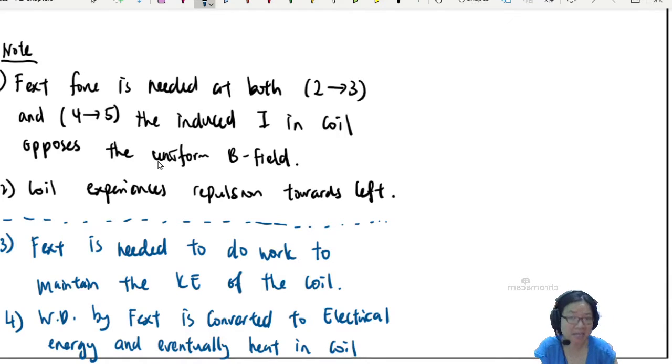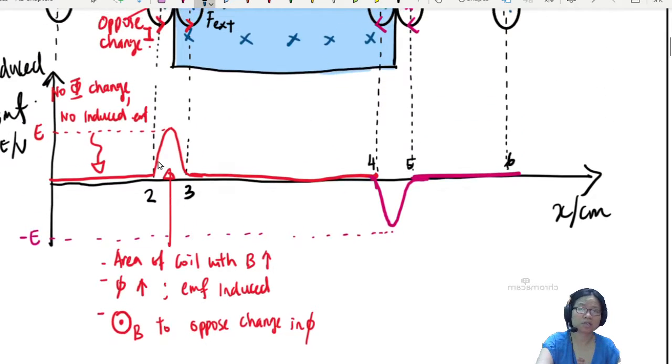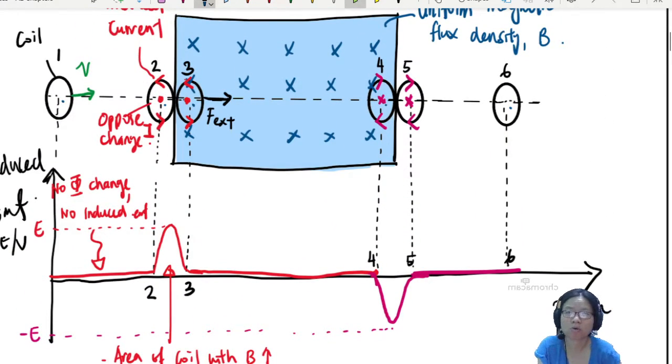So if you want to maintain the same kinetic energy, you need an external force. So I need an external force here. I also obviously will need an external force from here to here as well, until this point. Here to here, all these places need external force.